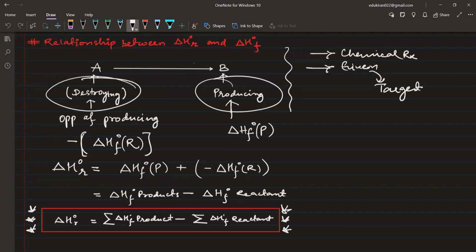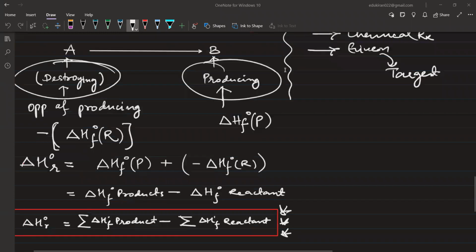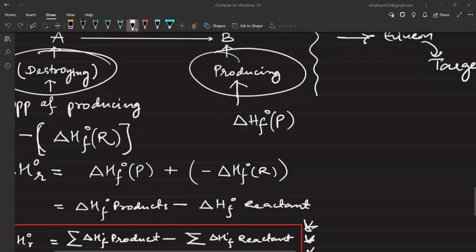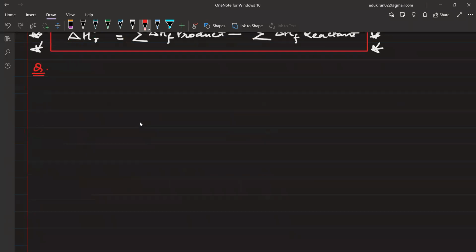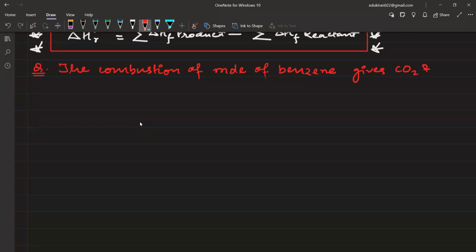All of it done? Write a question. Combustion of 1 mole of benzene gives carbon dioxide and water with 3267 kilojoule of heat at 298 Kelvin and 1 bar pressure.